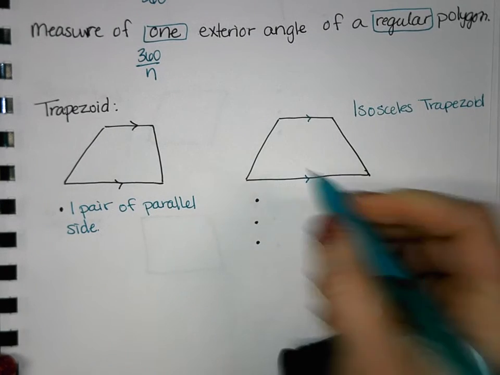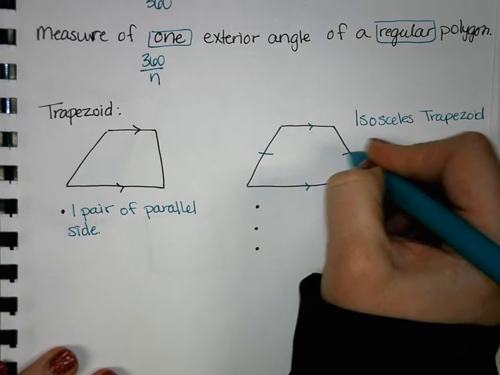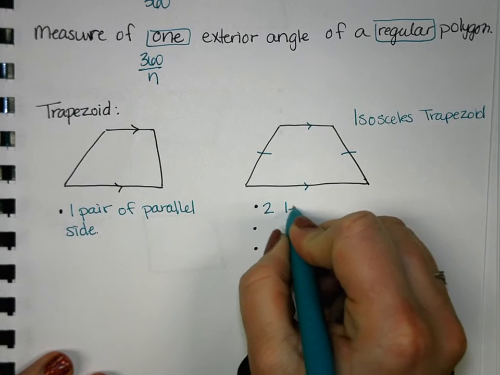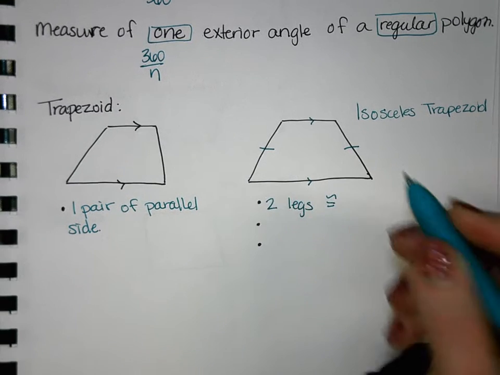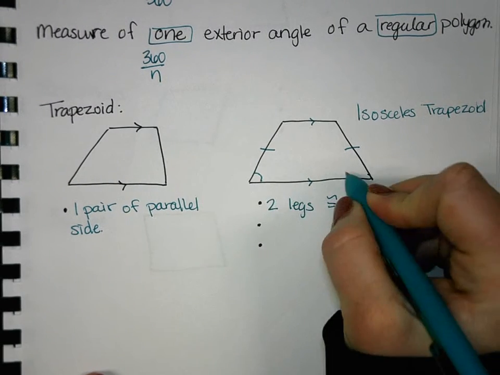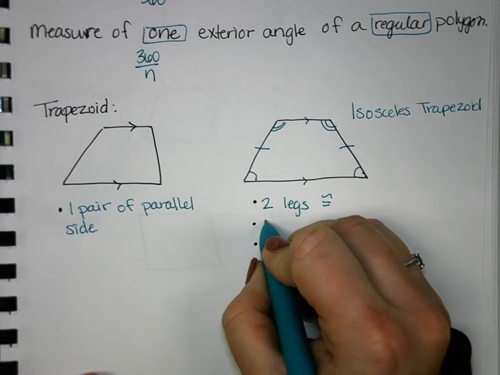Now if it's isosceles, the 2 legs would be congruent. We also had base angles, and we had 2 pairs of base angles congruent.